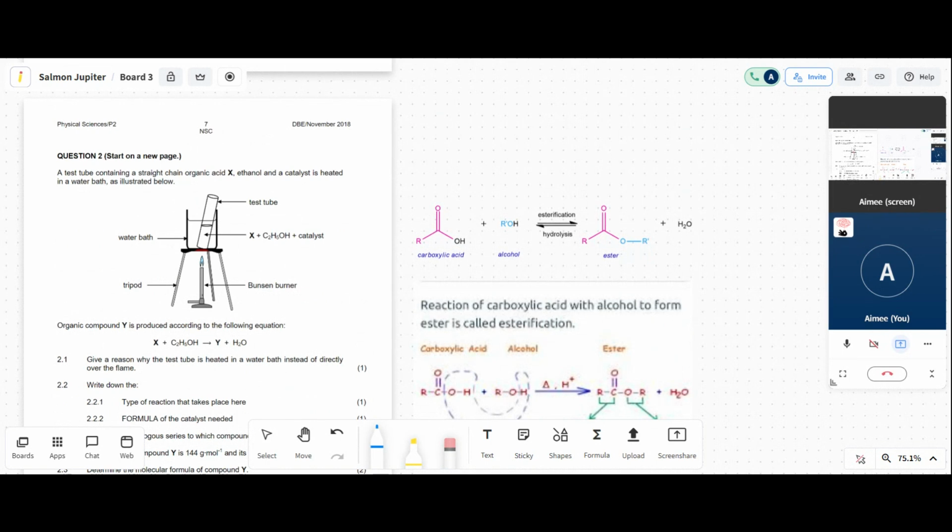The first thing I want to point out is that the test tube contains an alcohol. One of the very important properties of an alcohol is that they are flammable and they catch fire easily. So you obviously don't want to be exposing ethanol to an open or direct flame.